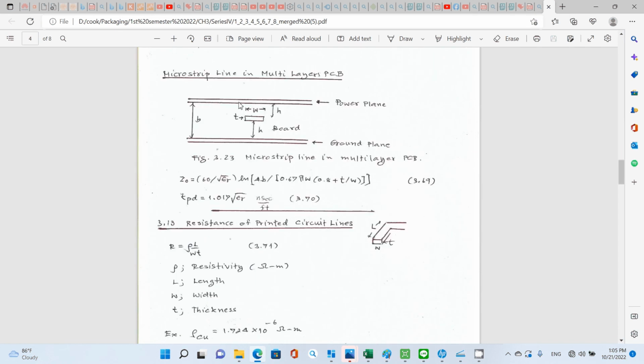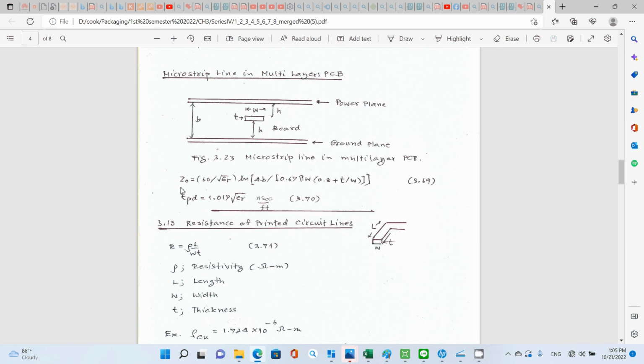Next one is the microstrip line in multi-layer PCB. You have a power line here, you have the ground line plane here, and you have your copper cladding in the circuit board.